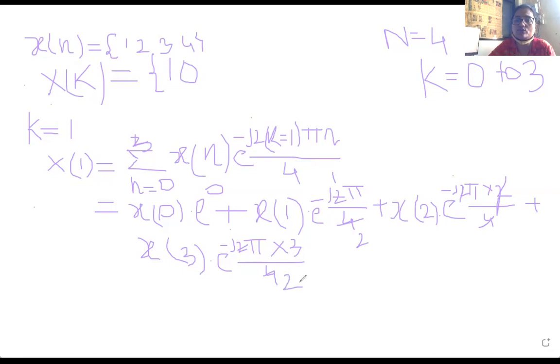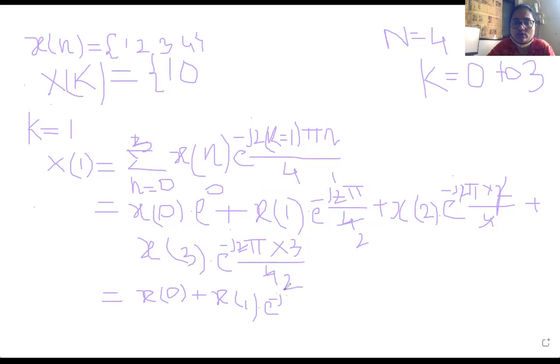The reduced form of the equation that I'm going to get here is x of 0, e raised to 0 is 1, so I will not write it; directly I will write x of 0. Then next is x of 1 into e raised to minus j pi by 2.